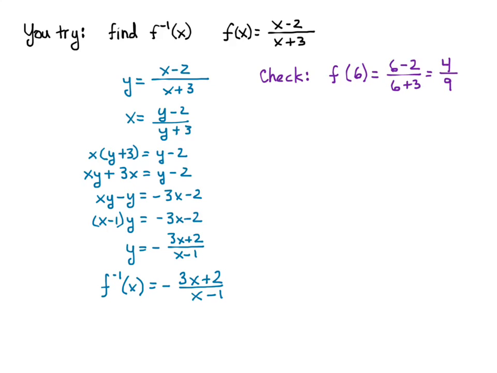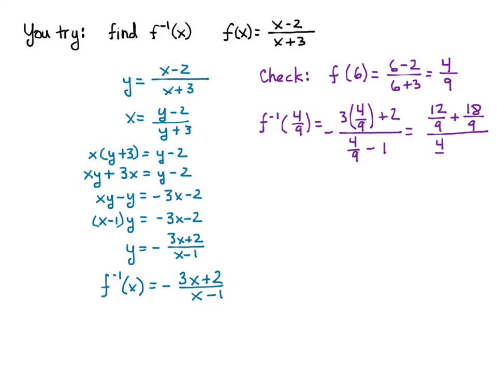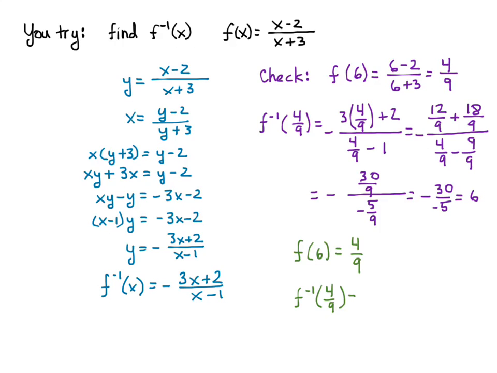So in other words, I'm going to just arbitrarily choose 6, and then I evaluate f at 6, I get 4/9, and so I put 4/9 in the inverse, and with a little bit of calculation, I'll find that I get 6. And so what I've shown is that f at 6 equals 4/9, f inverse of 4/9 equals 6. And that's what an inverse is all about. You go one way with the function, you go the other way with its inverse.